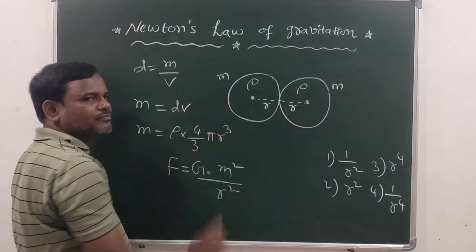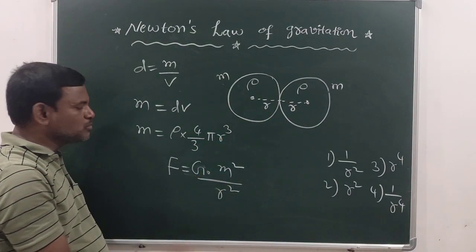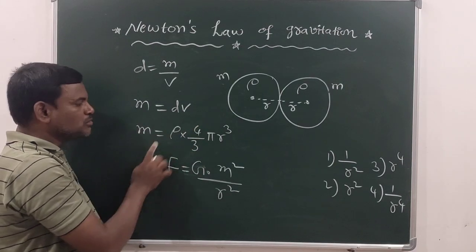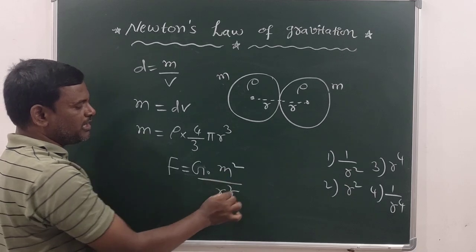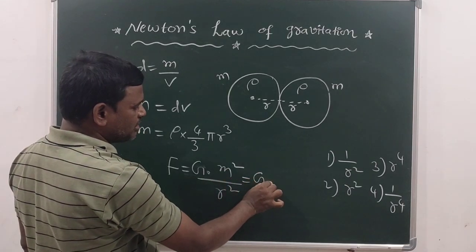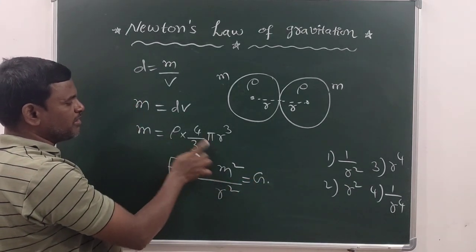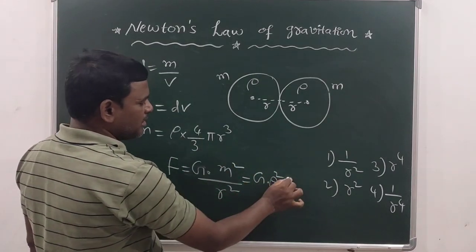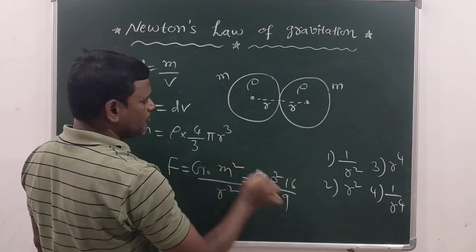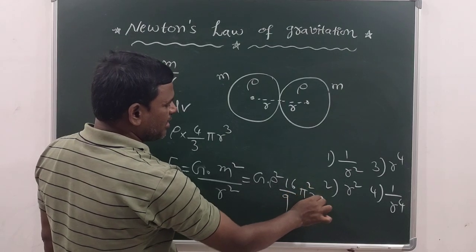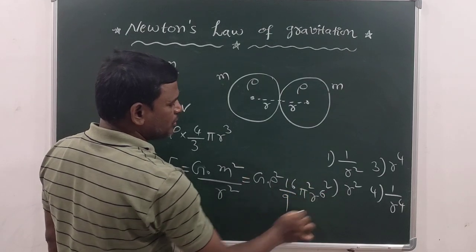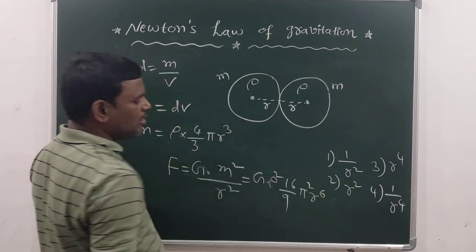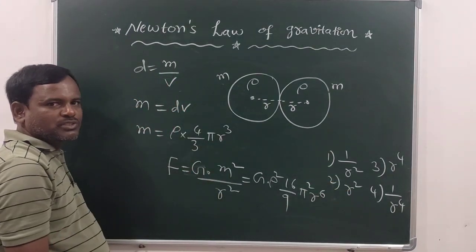Because both are made with the same material, the density is the same. Now substitute this mass value over here. Take the square on both sides. You get rho square here, 16 by 9 pi square r power 6.